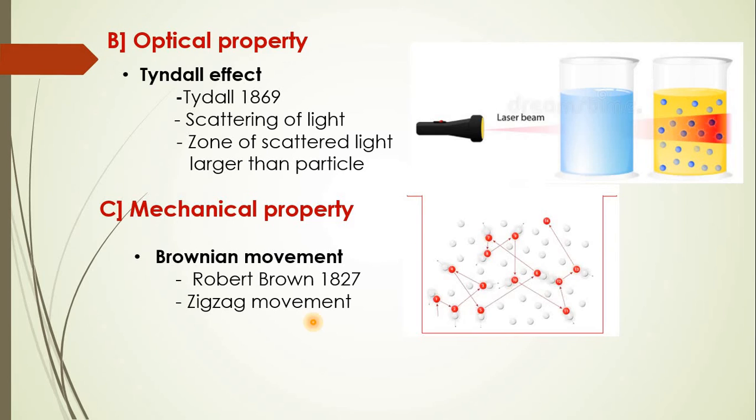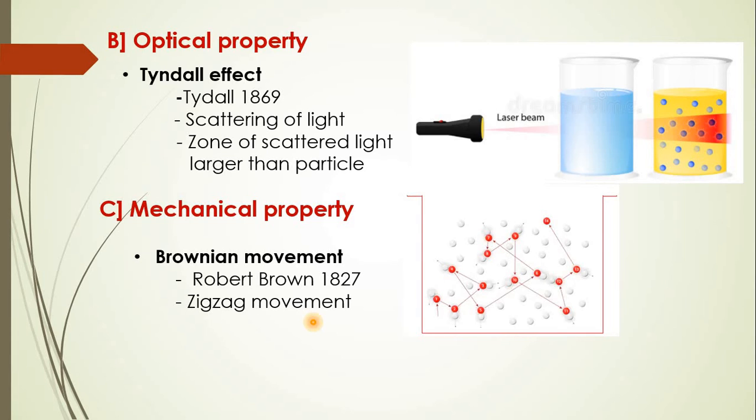Now let us talk about the optical property. What do you understand by optical property? When an intense converging beam of light is passed through a colloidal solution kept in the dark, the path of the beam gets illuminated with a bluish light.